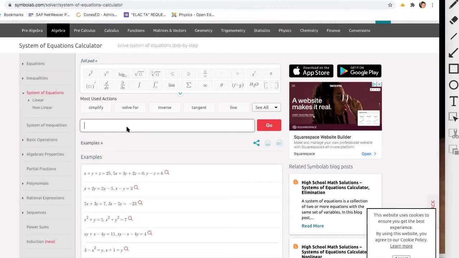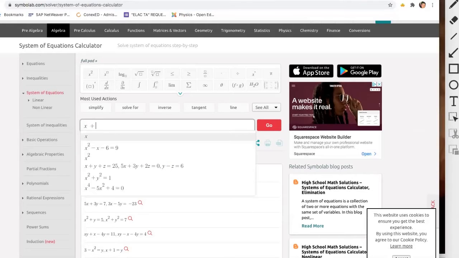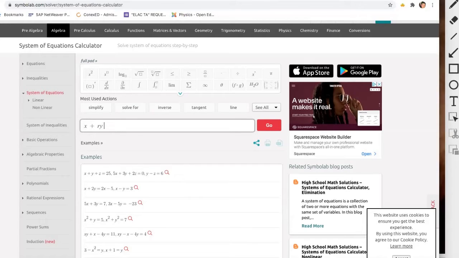I wonder if this one can do, let's say, something like x plus ry equals 8, 2x minus 5y equals 7.